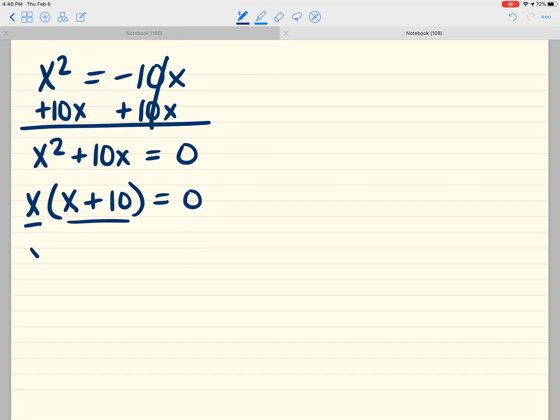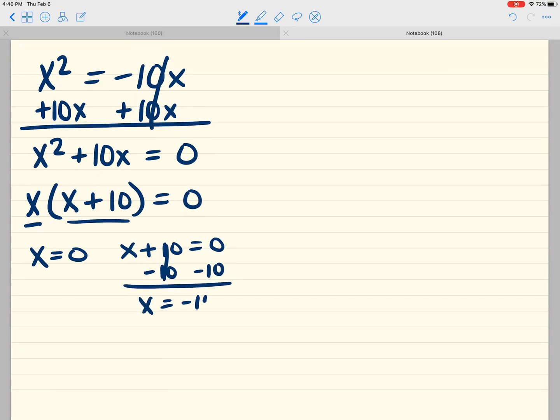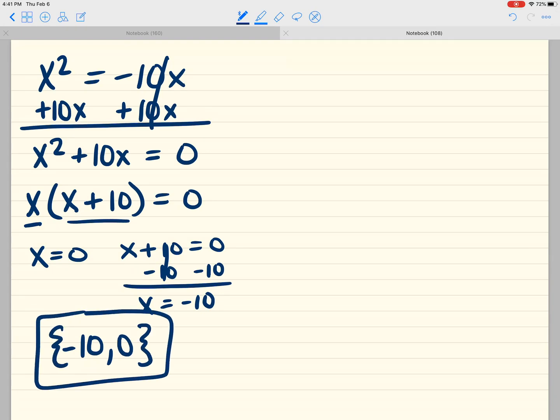Okay, set each thing equal to 0. You would get x is equal to 0 and x plus 10 also equal to 0. The only one you have to solve here is to subtract 10 from both sides. You get x is equal to negative 10. All right, your last step is just to write it as a solution set, which would be negative 10 and 0.